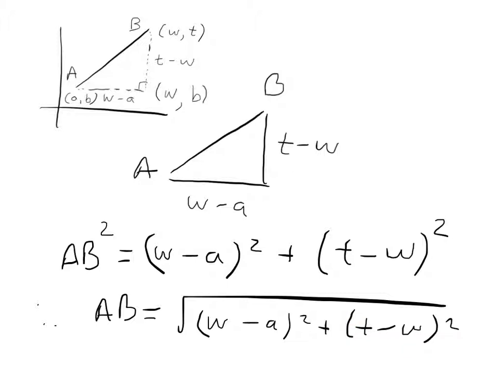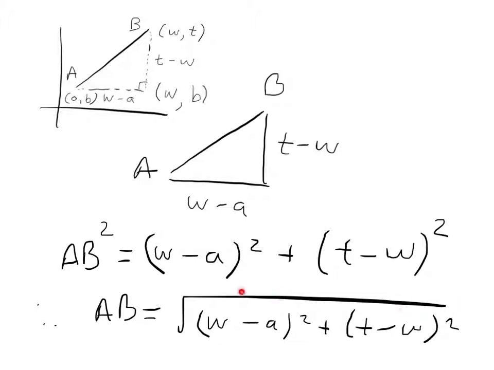Is the order going to matter in the subtraction? Well, think about it. What does W minus A squared, how does that compare to A minus W squared? For example, 2 minus 4 squared or 4 minus 2 squared. Same thing. Ditto for T minus W or W minus T.